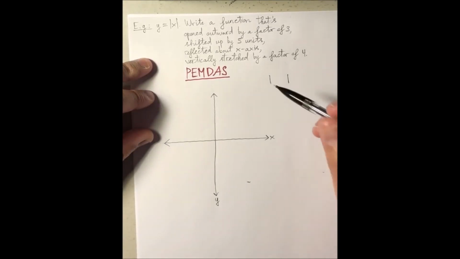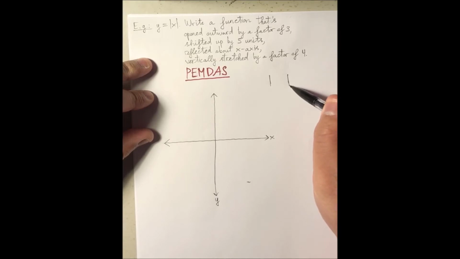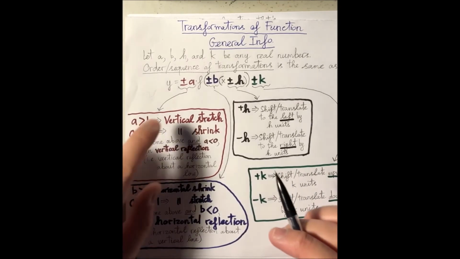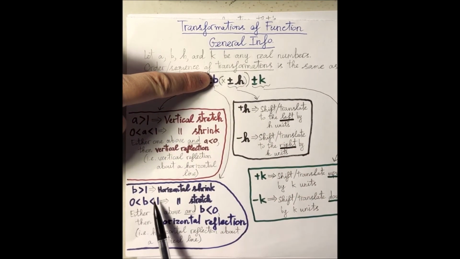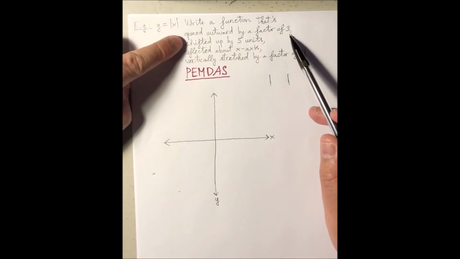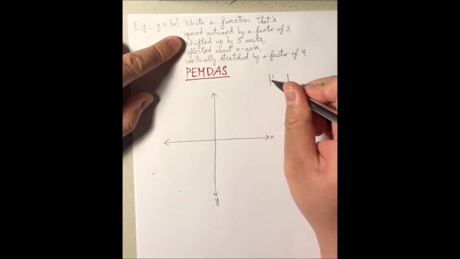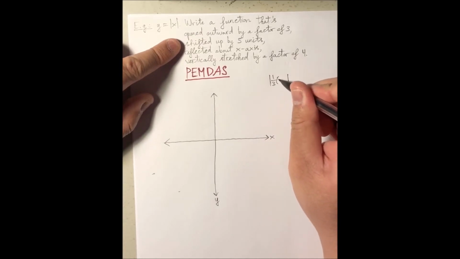Now, recall that when we stretch a function horizontally, the number represented by the letter b has to be between 0 and 1. Well, in this case, it is being stretched horizontally by a factor of 3, so we are going to have 1 over 3 right here, multiplied by the x.